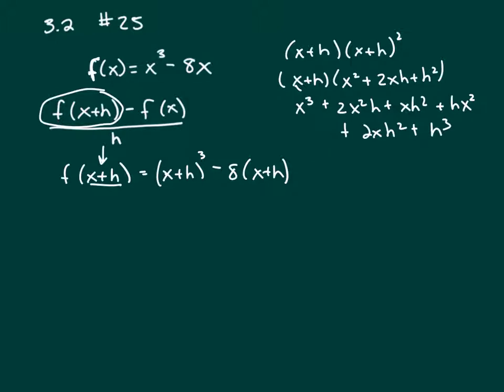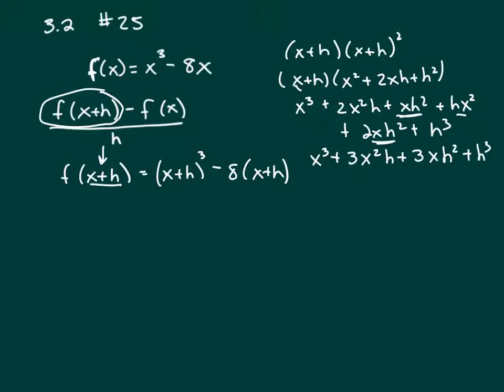So is there anything I can combine? 2xh squared, xh squared, xh squared, I can put those together. So that gives me x cubed plus, how about these x squared h's? Yeah, combine these. That's going to be 3x squared h plus 3xh squared plus an h cubed.